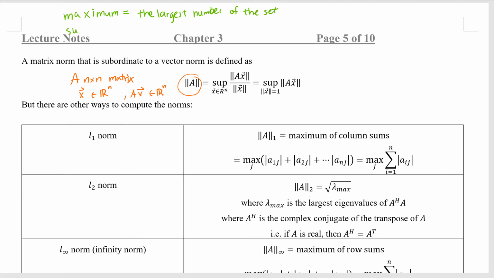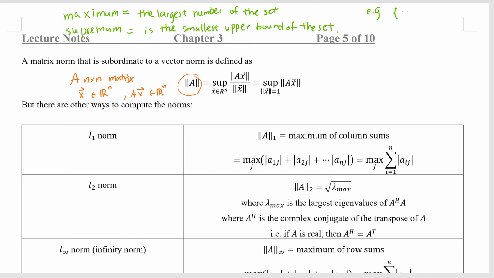Okay, and supremum is the smallest upper bound of the set. Let me give you some examples.